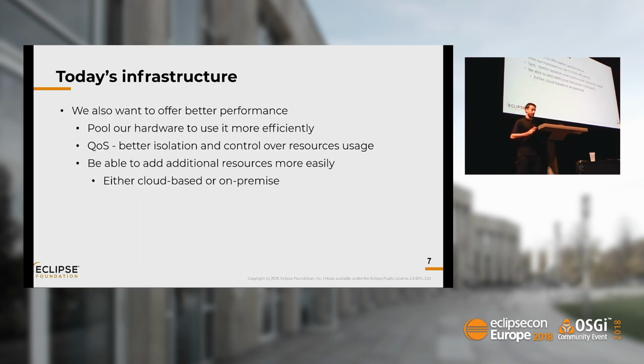And I guess as lots of Eclipse projects suffer a bit from performance issues, we want to improve the performance. The hardware that we currently have is quite powerful, but we have to use it more efficiently and avoid that one machine is just running hot while the other one is idling.